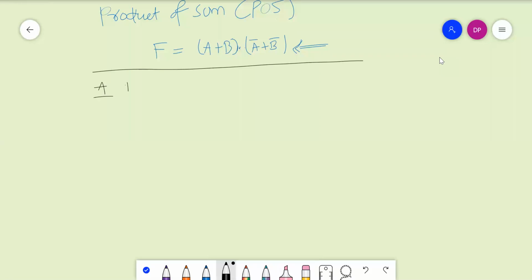Take this as A, B, and C, and this is F. Let's say 0, 0, 0; 0, 0, 1; 0, 1, 0; 0, 1, 1; 1, 0, 0; 1, 0, 1; 1, 1, 0; 1, 1, 1.